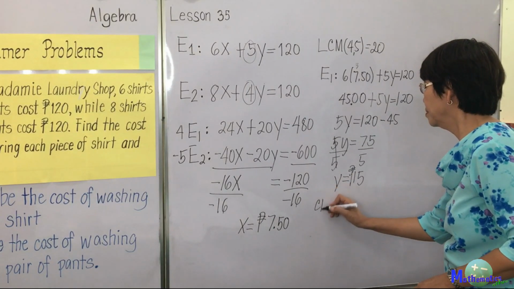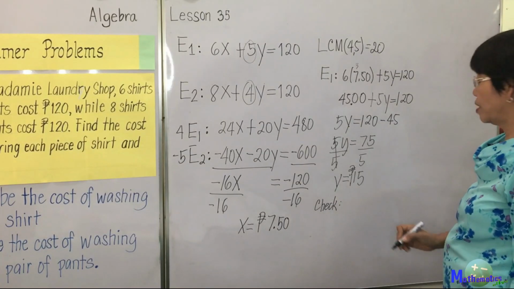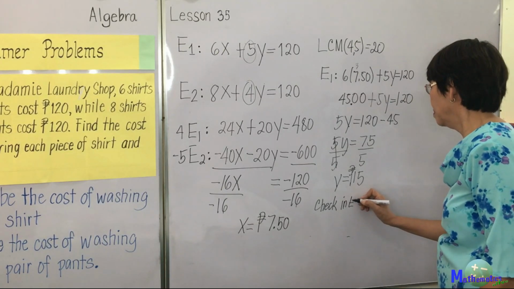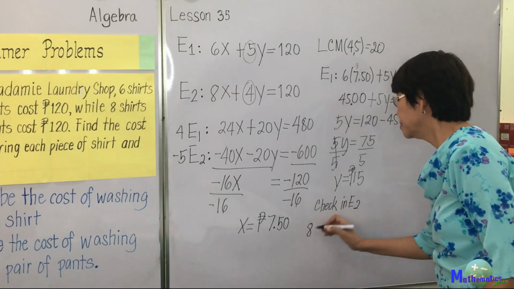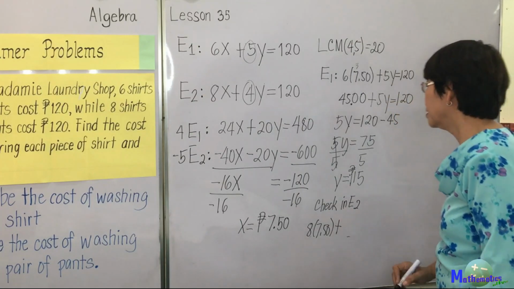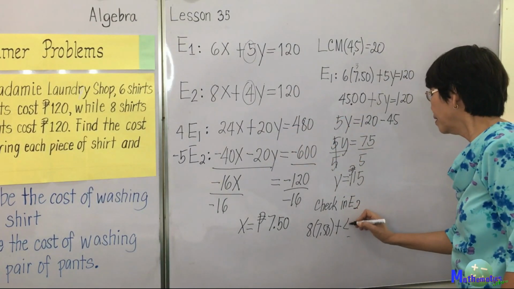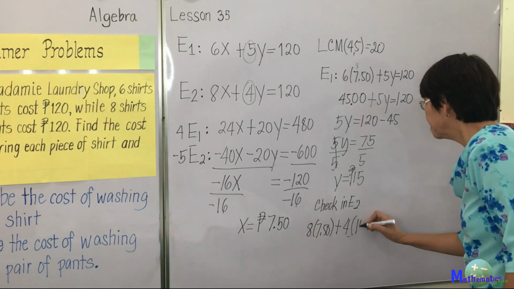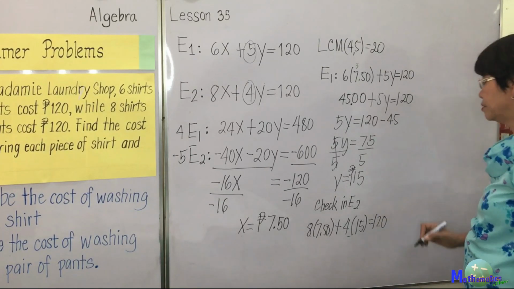So check in equation 2. So we have 8 times 7.50 plus, equation 2, 4 times 15 is equal to 120.